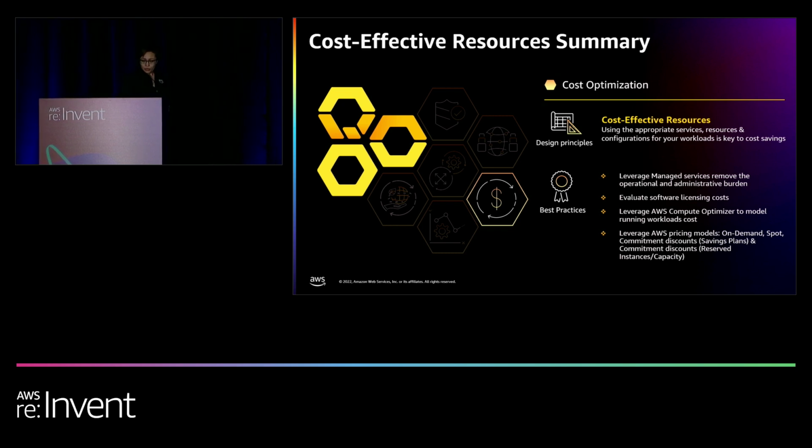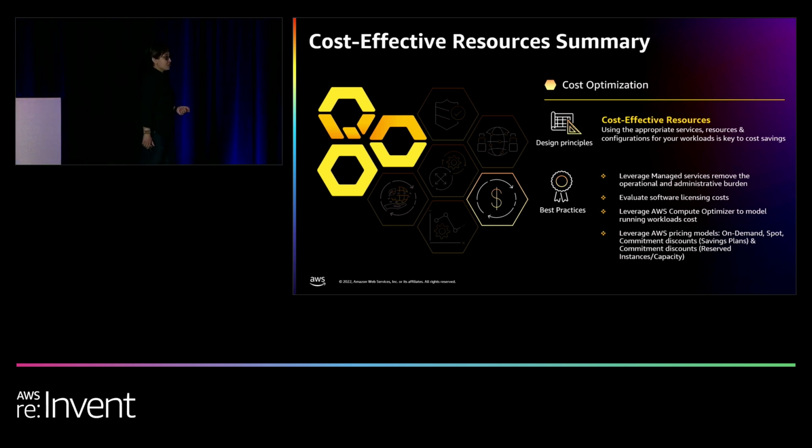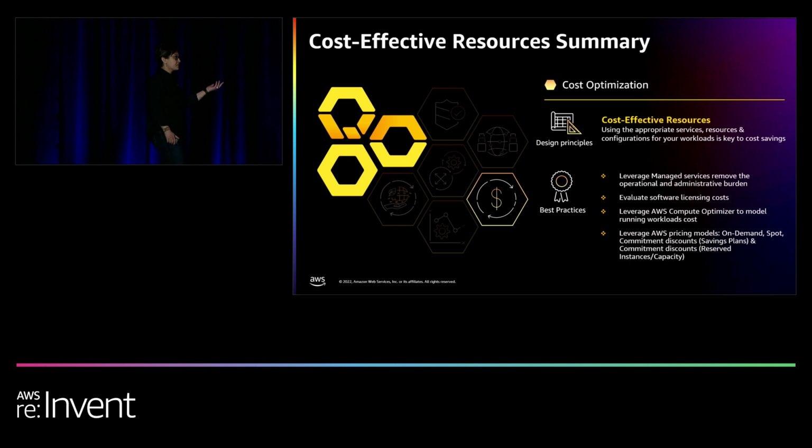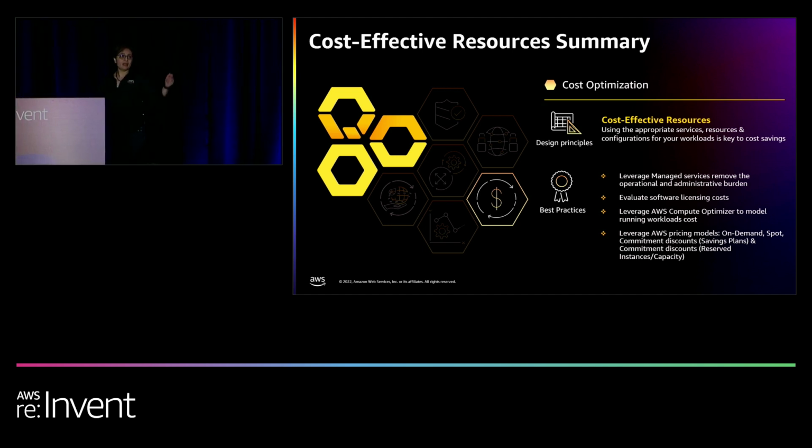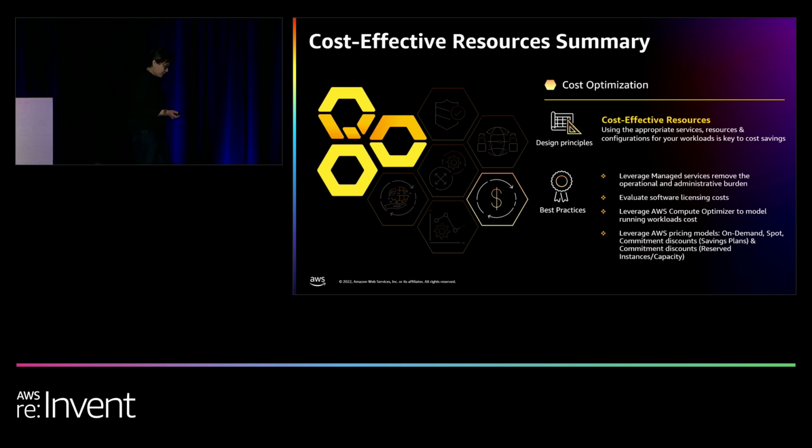You could also use different AWS purchase options like reservation or Spot, which will significantly reduce your cost. And with that, we answered multiple questions, which is how can I be agile and cost-effective or cost-efficient? And also, how can I right-size my workload without impacting performance and user experience?